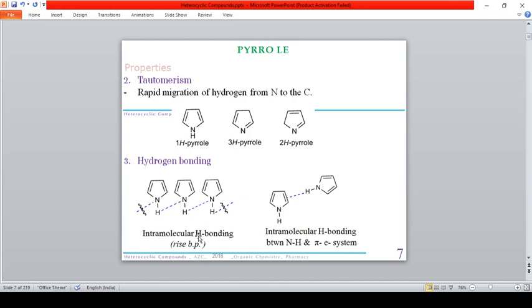One where hydrogen is bonding to the nitrogen of another molecule, and second where hydrogen is bonding to the pi electrons of the other molecule. Now here it is written as rise in boiling point. Every one of us knows that water has a high boiling point compared to its analogues because of hydrogen bonding. So a similar thing is happening here.